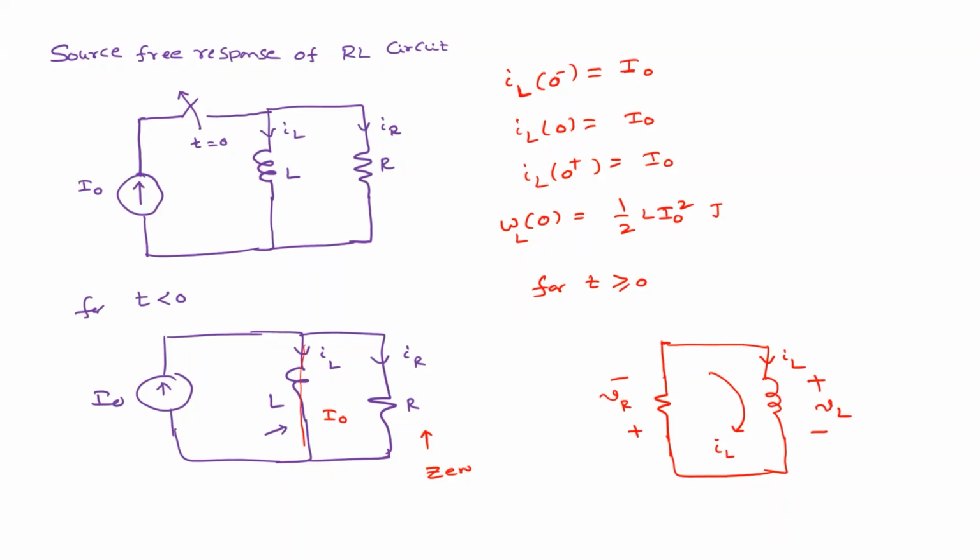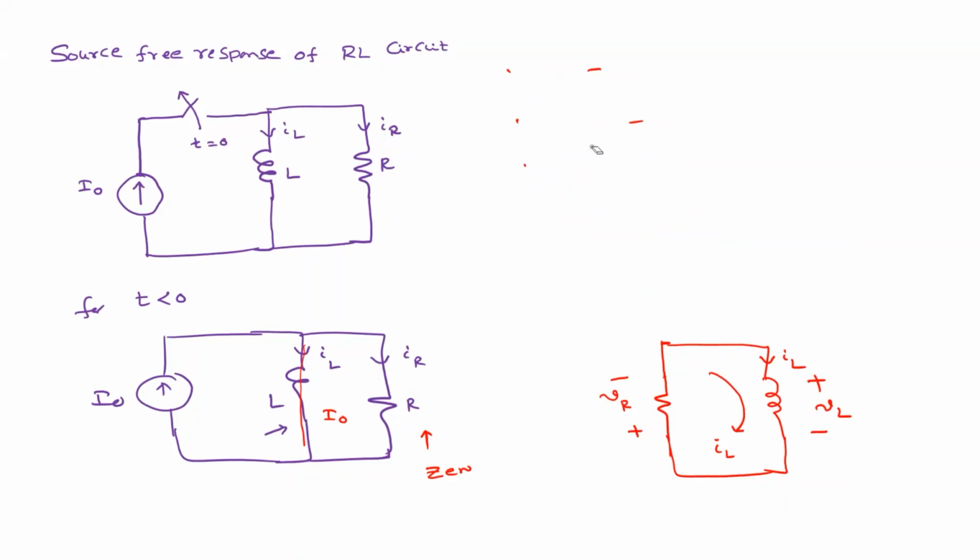Now tell me, if you apply KVL, what will you get? There is no source here, so VL plus VR is equal to 0. What is the voltage across the inductor?